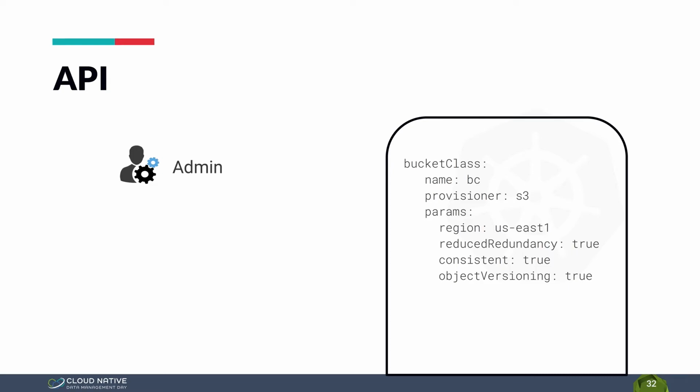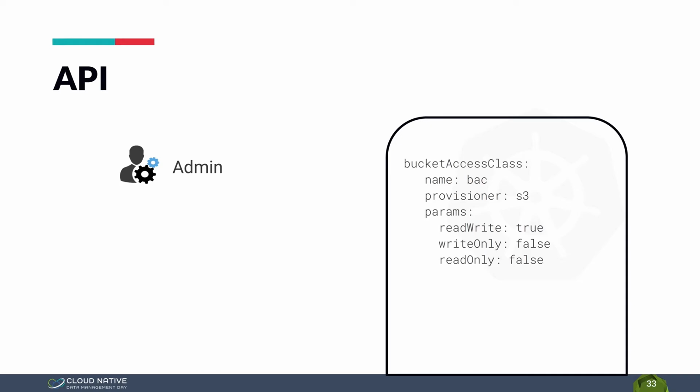For instance, a bucket class encodes information about what kind of buckets can be created, what the properties of such buckets are, and what the driver is that's going to make it happen. That is an admin only managed resource, and that looks like what I've shown on the screen. Similar to bucket class, there's also bucket access class, which encodes properties about what kind of access a developer can request for a bucket.